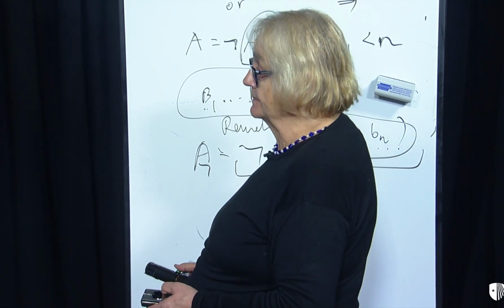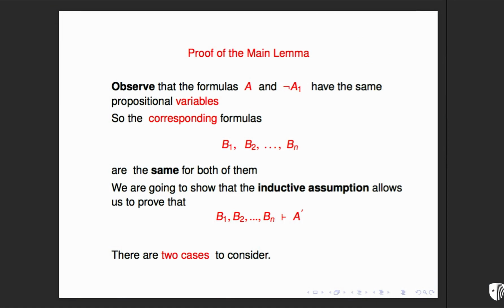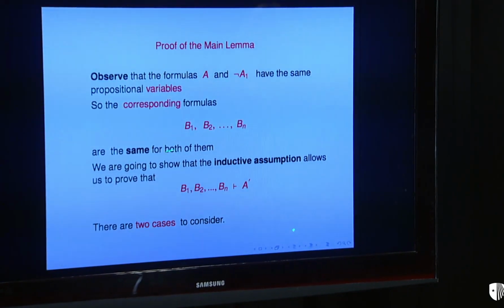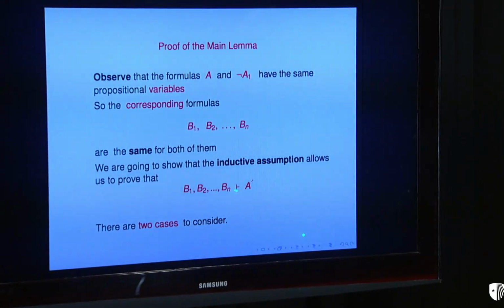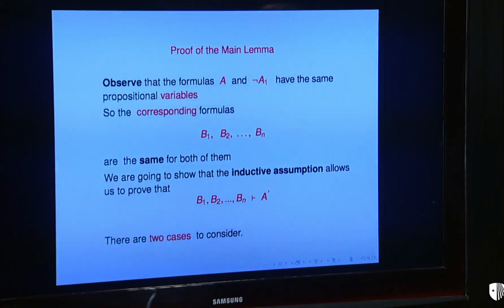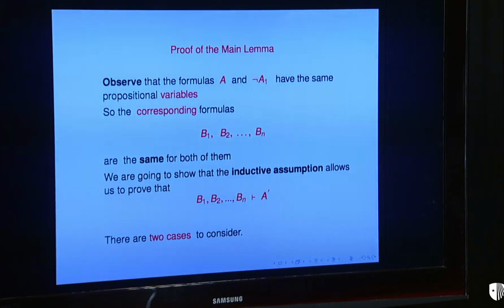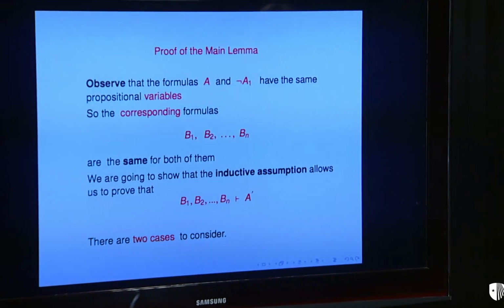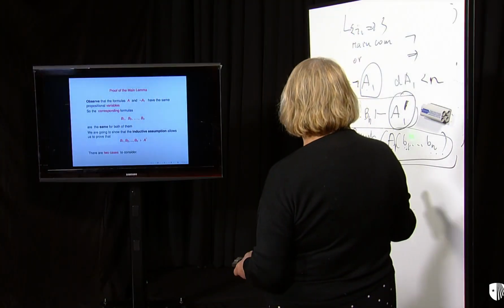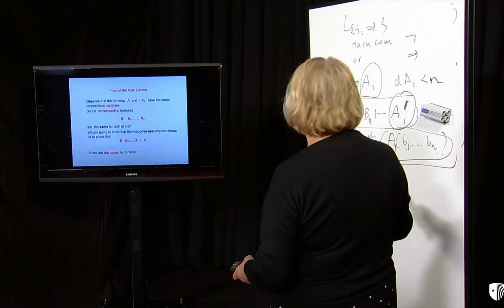So we have the same capital B's in both formulas, A1 and A, and again we are going to show that the inductive assumption allows us to prove this, because the inductive assumption is for A1 prime, right? We have A1 prime by inductive assumption, and I want to prove that the same thing holds for our formula A.